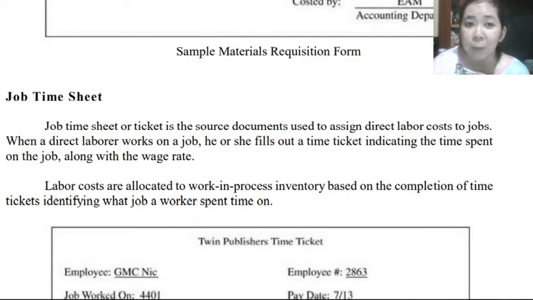When direct labor works on a job, the worker fills out a time ticket, which indicates the time spent working on the specific job along with their wage rate. So labor cost allocated to work in process inventory is based on the completion of time tickets, which identify what job workers spent time on.